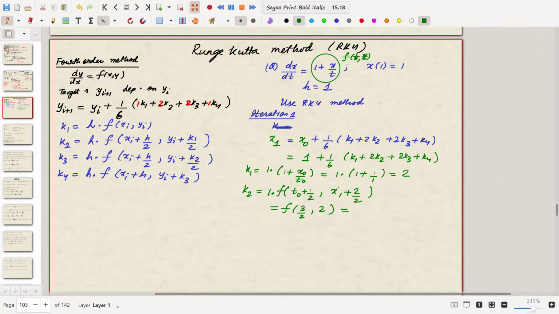So what is this value? This is t, this is x. So you have to put 1 plus x by t, right? 1 plus 2 by 3 by 2, 2.333. This is t, this is x, right?